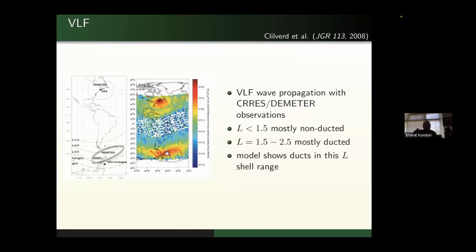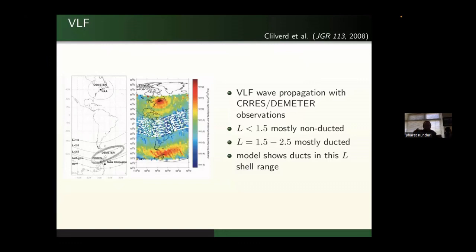Here, they color code the most intense waves that they saw that were transmitted. And down here, they show where Cress and Demeter were, relatively speaking. The point is, what they're arguing is that these waves in the L shell range 1.5 to 2.5 were ducted. This is where the ducts are. You certainly see waves elsewhere, but they are unducted. They can just cross the magnetic field line.